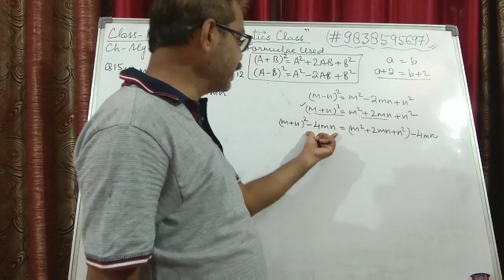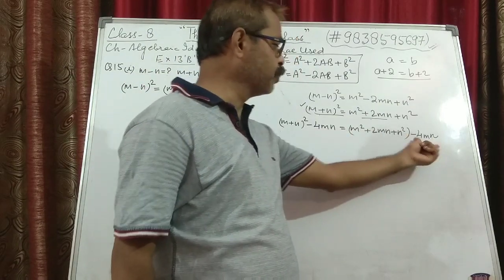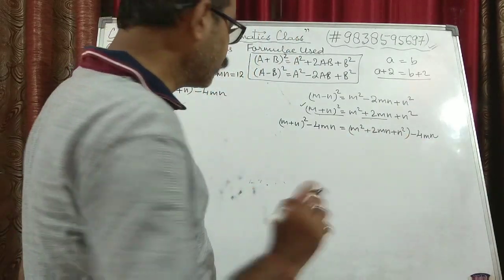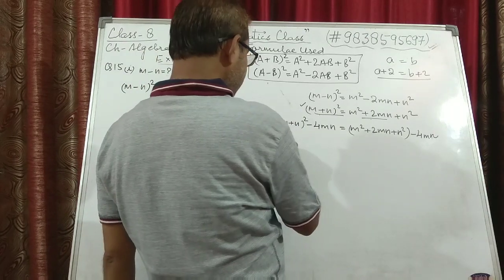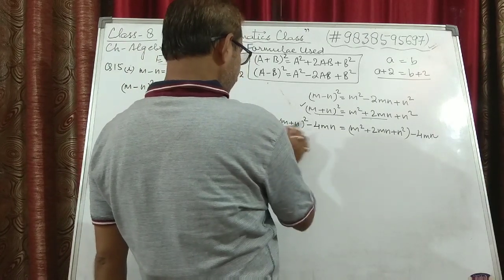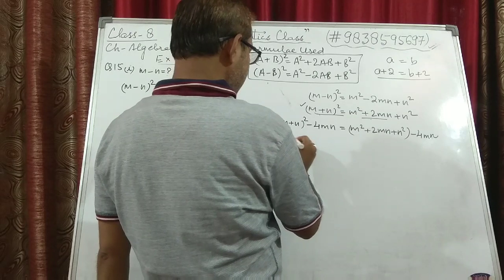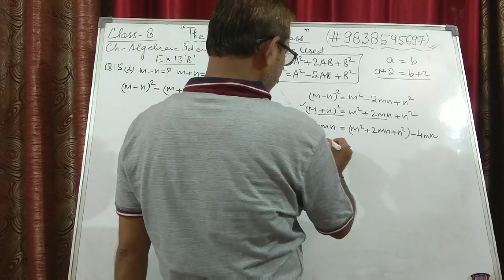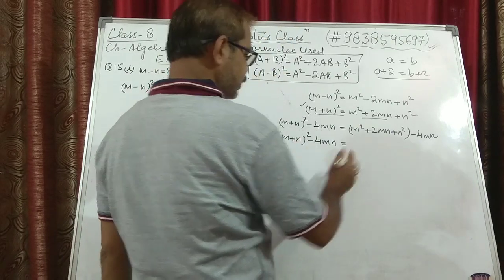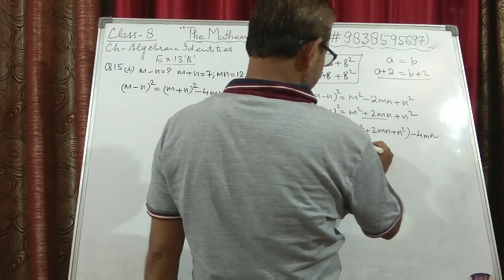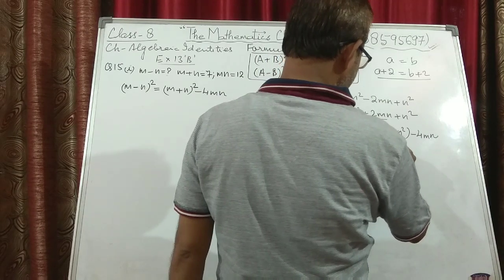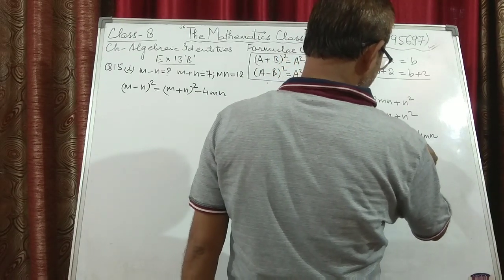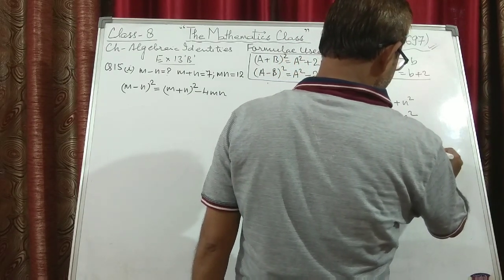If I add minus 4mn to both the sides, both will be equal. When you open this, it will be m square plus 2mn plus n square minus 4mn.